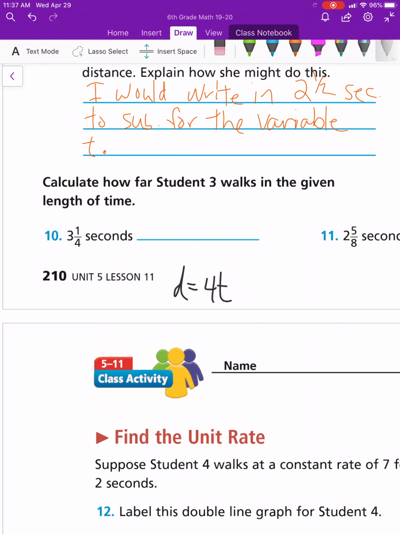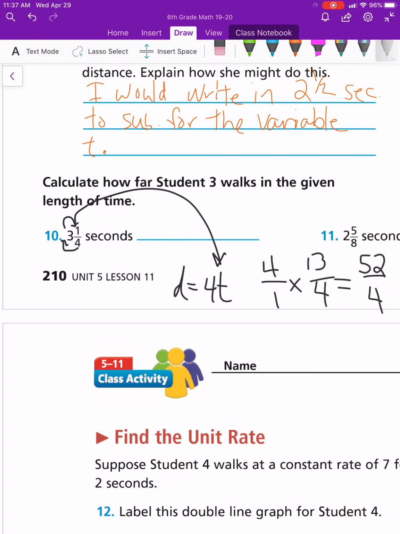Well, I would just plug in 3.25 for t. 3.25 times 4, let's do 4 over 1, times 3.25 is the same thing as 4 times 13 over 4, which is 52 over 4.